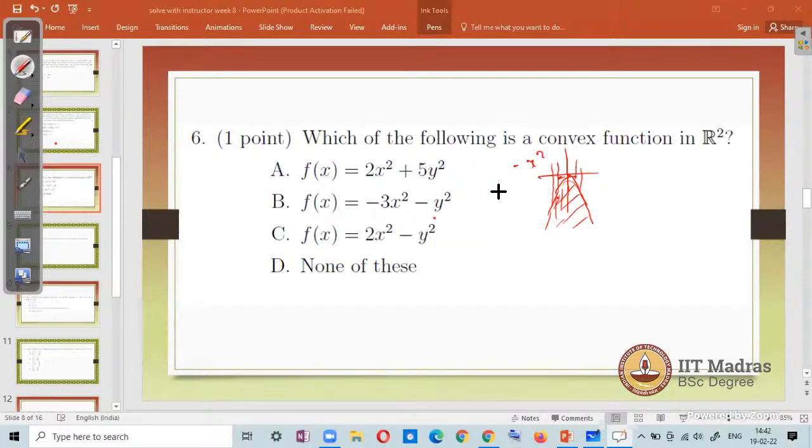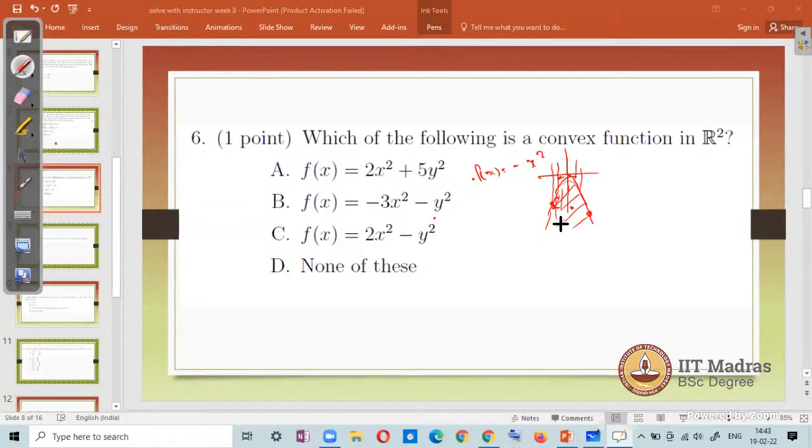I also have the same question. If I take any 2 points inside this curve, let's say minus x square, and take lambda x1 plus 1 minus lambda x2, then the resultant point x3 will lie inside this curve only.